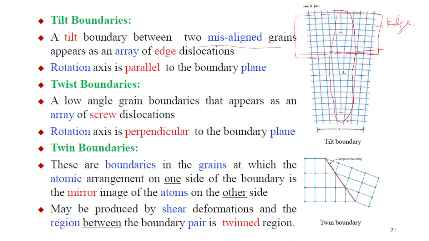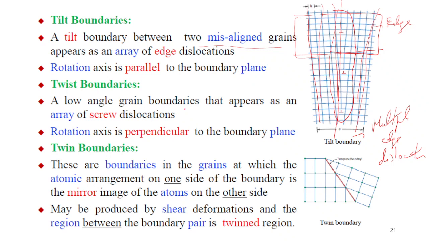If there is an array along a line, you have multiple edge dislocations, that becomes a tilt boundary. So multiple edge dislocations, and the rotation axis is parallel to the boundary plane. I believe this is the axis of rotation, and it is parallel to the boundary plane.